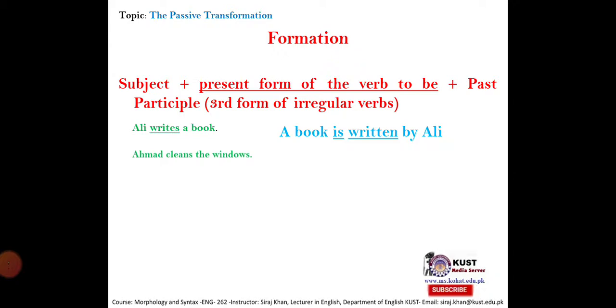A book, the object of the active voice, becomes the subject of the passive voice, and the subject of the active voice sentence becomes the object, followed by a helping verb and third form of verb and a preposition by. The windows are cleaned by Ahmed.